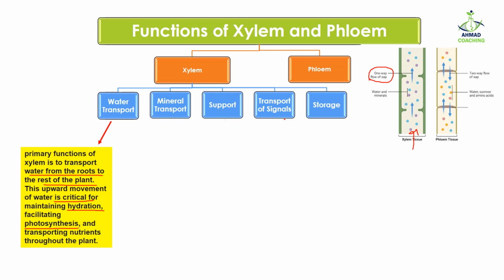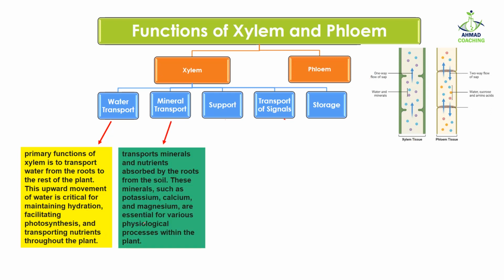Water is provided by the xylem, and nutrients are also transported throughout the plant because they are dissolved in the water, and the xylem can carry them from one part of the plant to other parts.